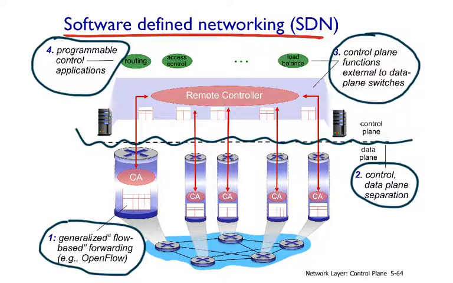I want to share with you different types of applications. We have been talking about routing applications. For example, we want to apply the Dijkstra link state routing algorithm, taking into account all the information we know from the network.